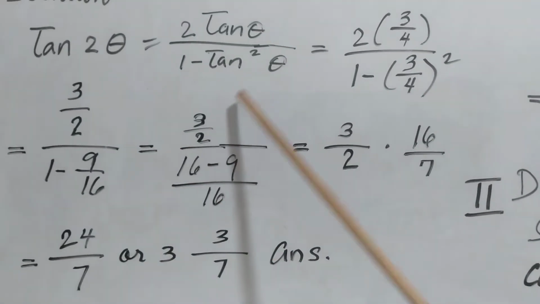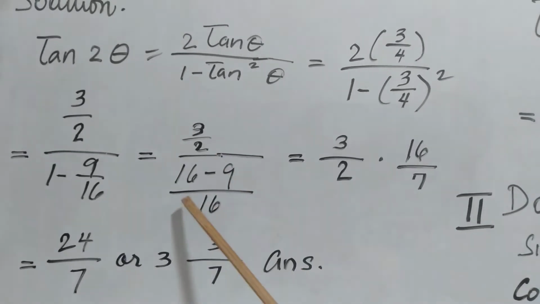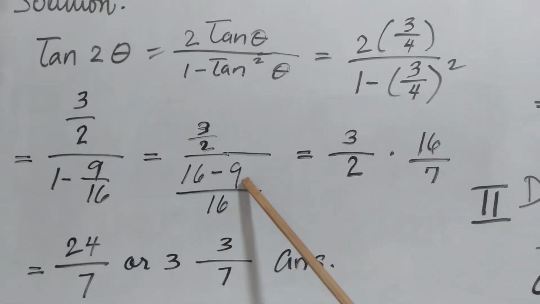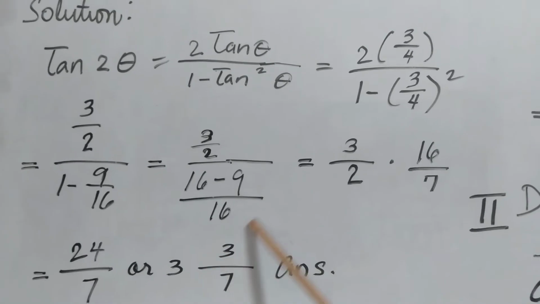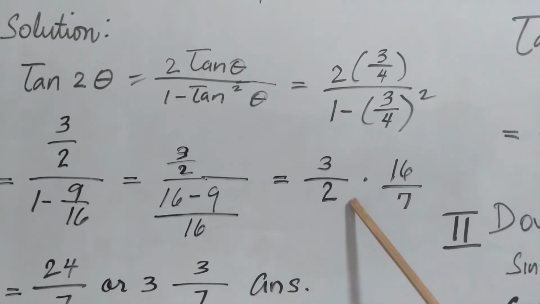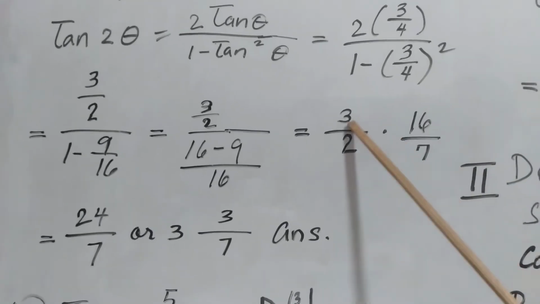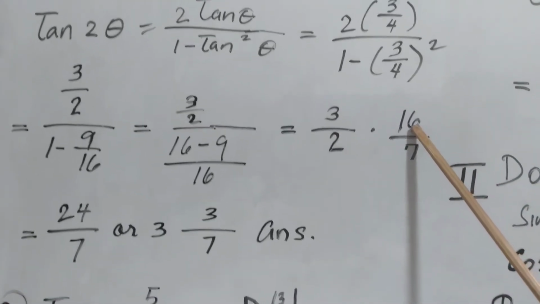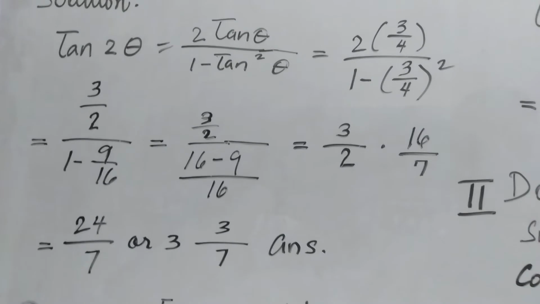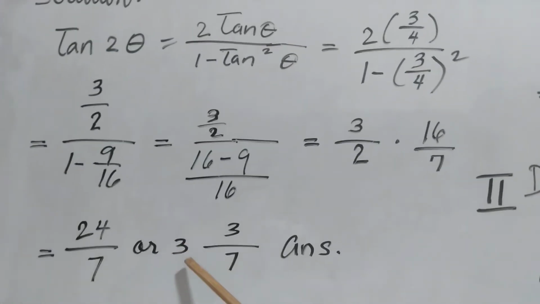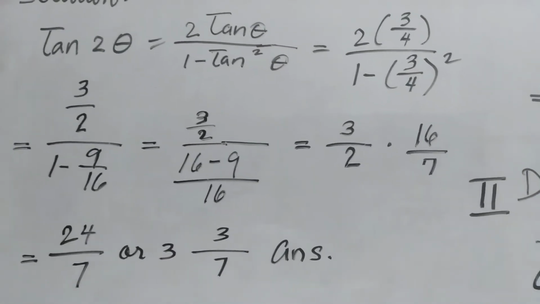So this becomes 3 over 2 over 16 minus 9 over 16. So we have 3 over 2 times 16 over 7. 2 and 16 cancel out. 3 times 8 is 24 over 7. So the final answer is 24 over 7.